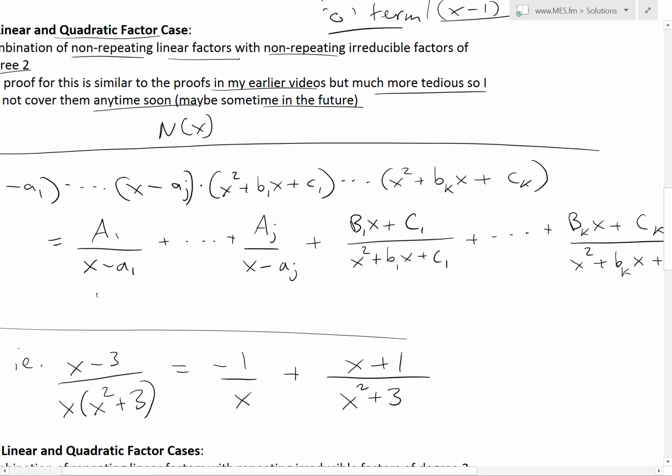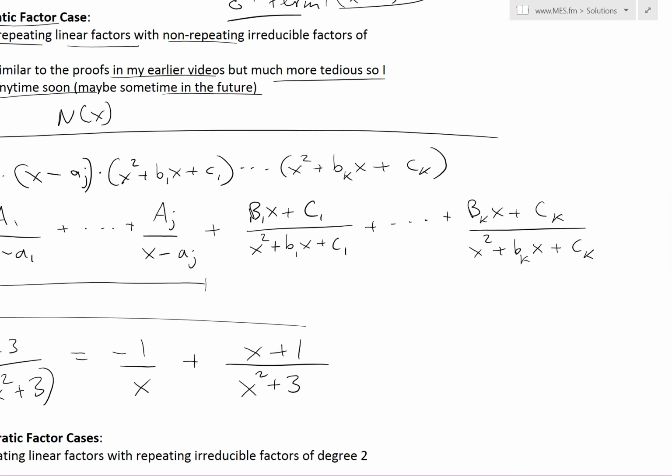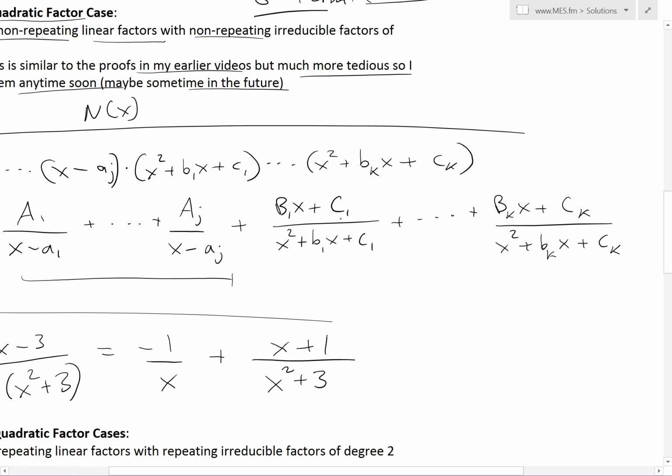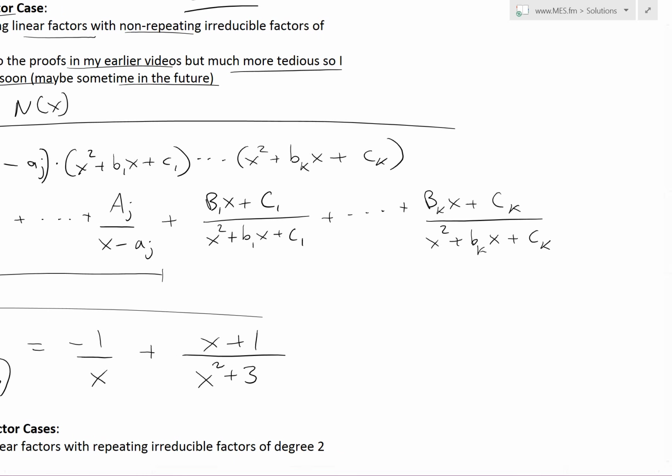This is the same thing we covered, the linear case. And then all of a sudden we have the nonlinear where we have to add a b1x plus c1 right here. I explained briefly why this had to be like this in my earlier video on nonlinear factors, but I didn't go over it too well. I'm not going to prove this, it's just going to be more tedious. I might prove it later.